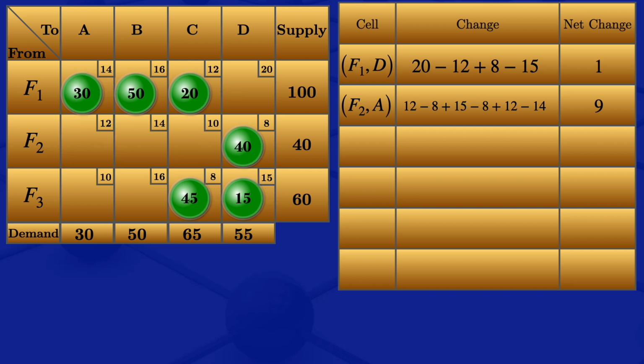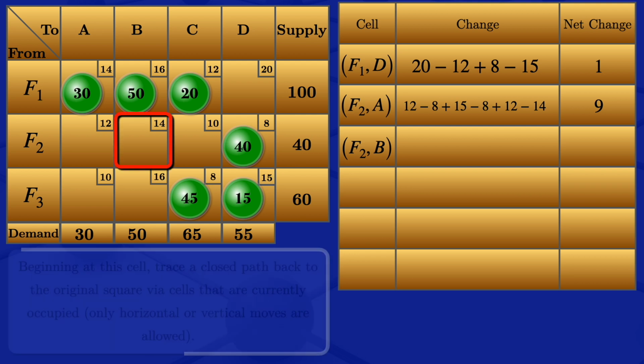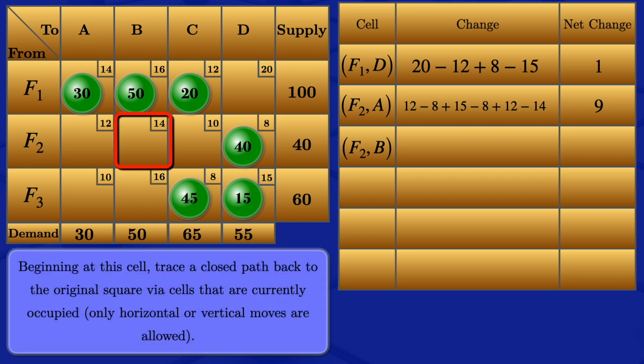We move on to the next unoccupied cell, which is F2B. Trace a closed path back to the original square through the cells that are already occupied. In this case, we are going to move from this original cell horizontally to this one, vertically to this cell, horizontally to this one, vertically upwards, then horizontally to this cell, and back to the original square.